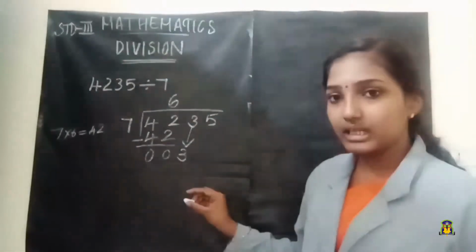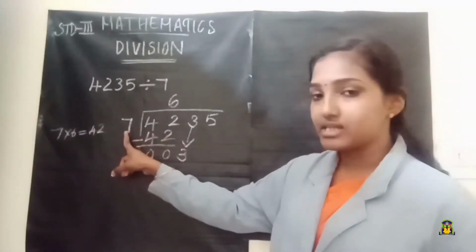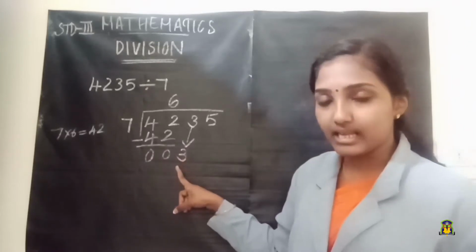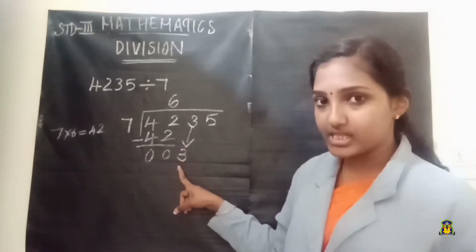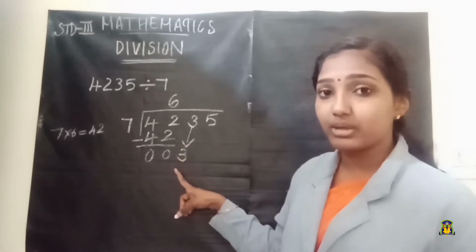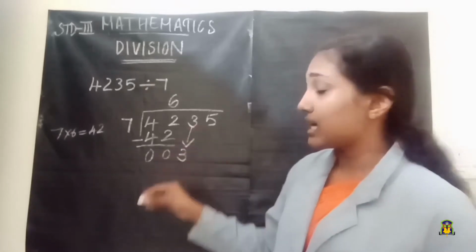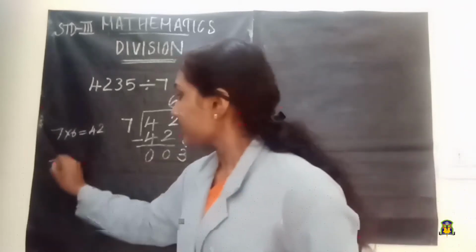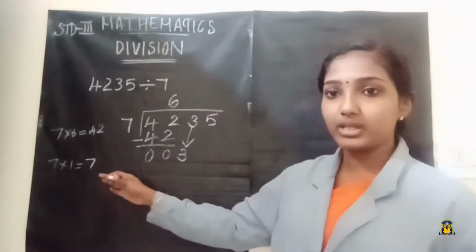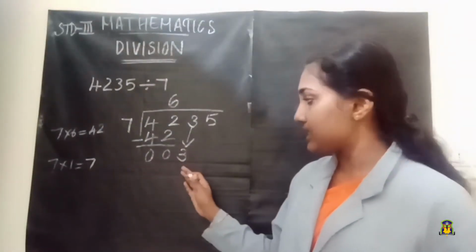Look, 7 is the divisor and here we have 3. 3 is less than 7, right? Can we find 3 in the table of 7? No. 7 into 1 is equal to 7, starting with 7 itself. So 3 is less than 7.